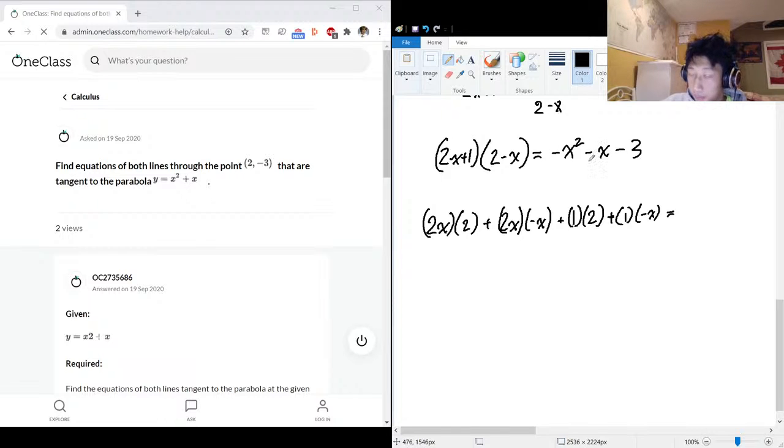Equals this. But I'll clean this up to make it easier to read. So this is the only x squared term, so we're going to have negative 2x squared. Combine the x terms, so we have 4x and then minus x. So that's going to be plus 3x. 4 minus 1 is 3. Sounds about right. Plus 1 times 2, plus 2, equals negative x squared minus x minus 3.